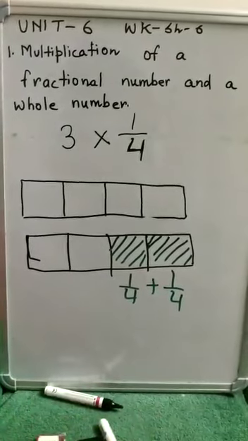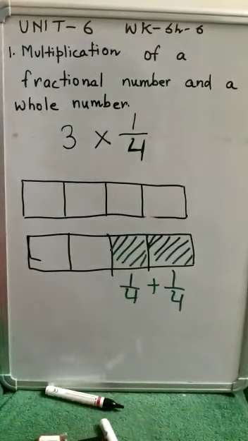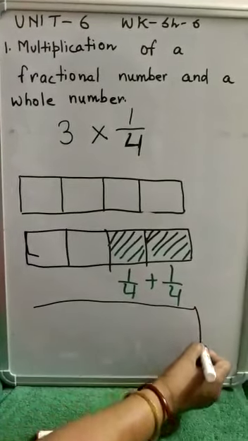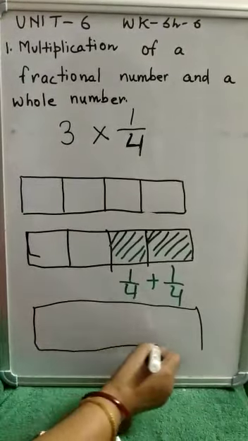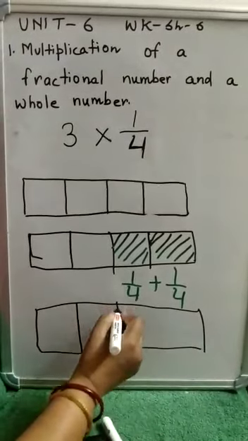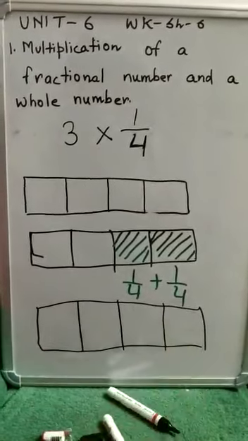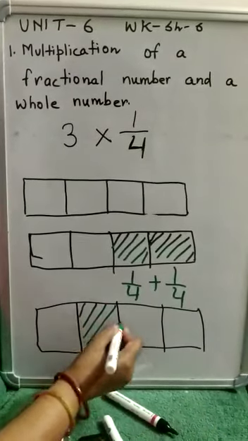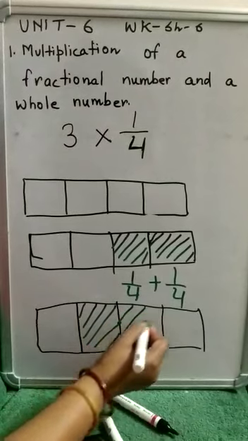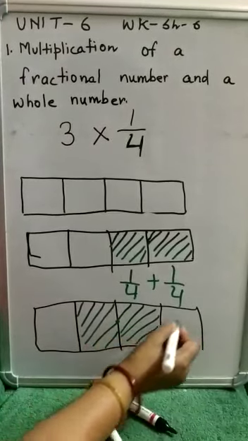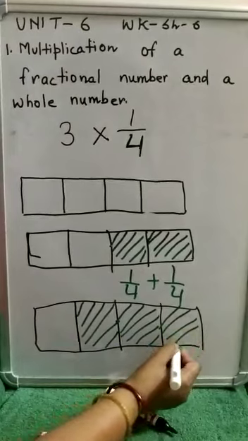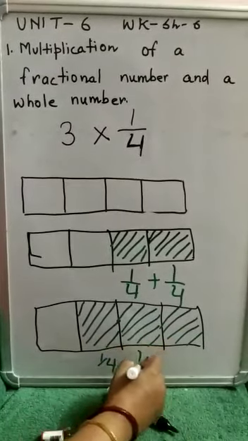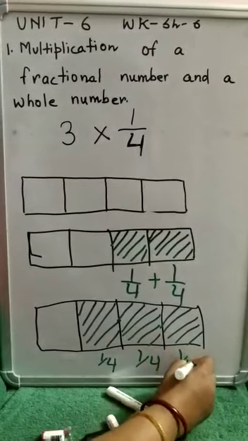Correct? Now here all of you see. Now I am going to shade 1 by 4, 1 by 4, 1 by 4. Here 1 by 4 is repeated 3 times.